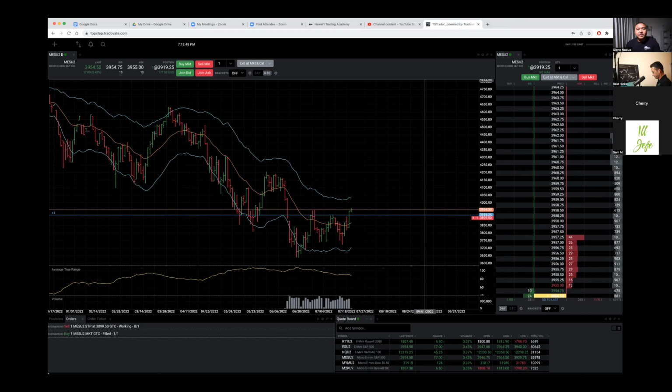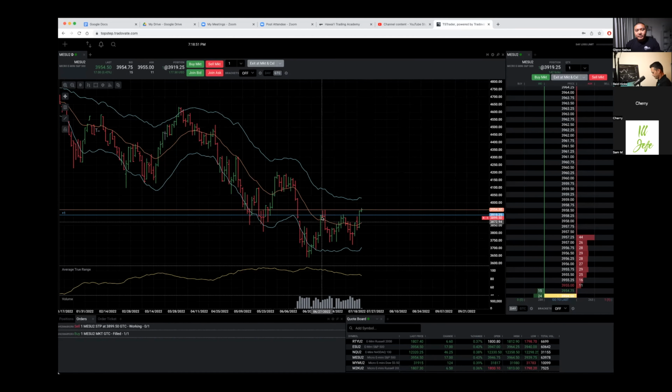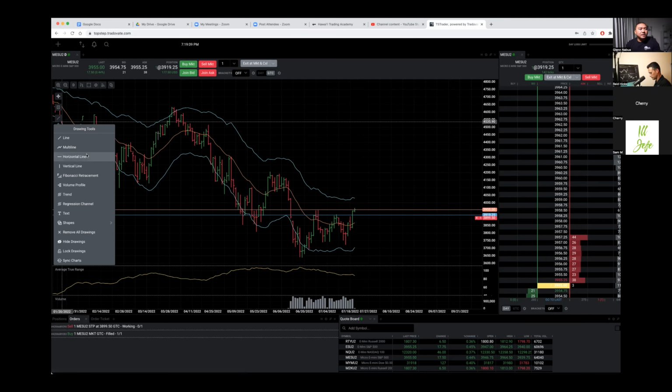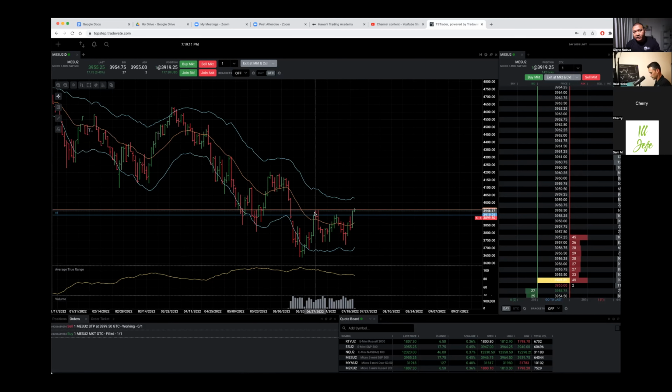So this market, even though we had this big range, when you have this bigger range, you can capture these smaller moves, these smaller swings. You got to swing short here, and then you got to swing long, swing short again. So let me just go ahead and draw some lines here.